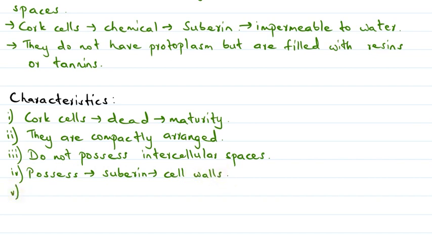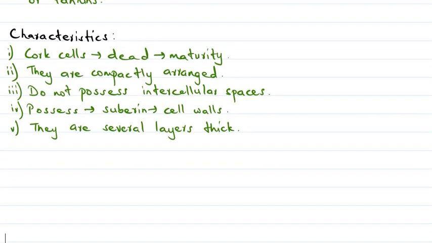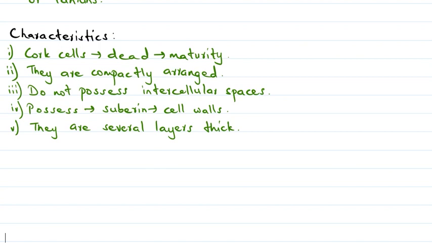Then these cork cells are several layers thick. So their thickness is of several layers. These are the main characteristic features of the cork cells.